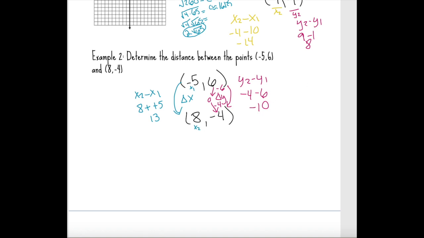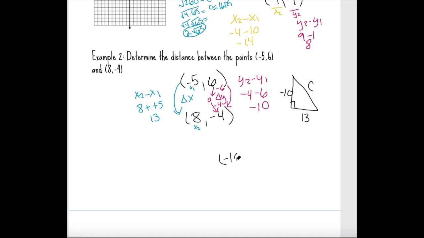From here, we can use these values as our a and b when we use the Pythagorean theorem. Just to visualize this, even though we haven't drawn it, this is the distance we're trying to find. Our x changed by 13, and our y changed by -10. So now we can fill into the Pythagorean theorem.